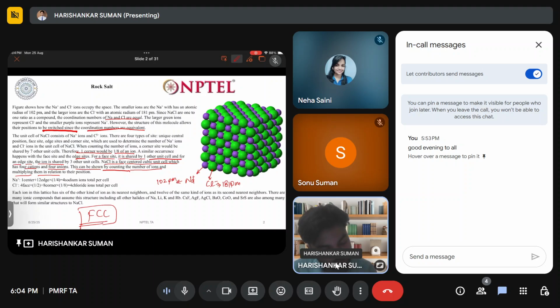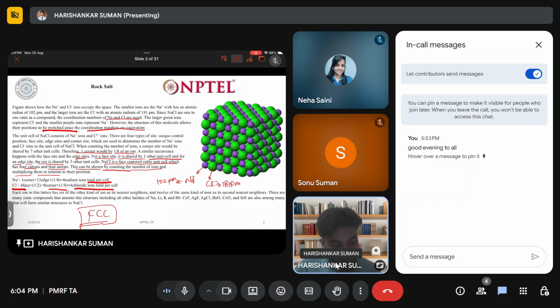So 4 sodium atoms in total per unit cell. Similarly, Cl- has 6 faces with 1/2 contribution and 8 corners with 1/8. That is 4 also. So the total is 4 to 4, 1:1.